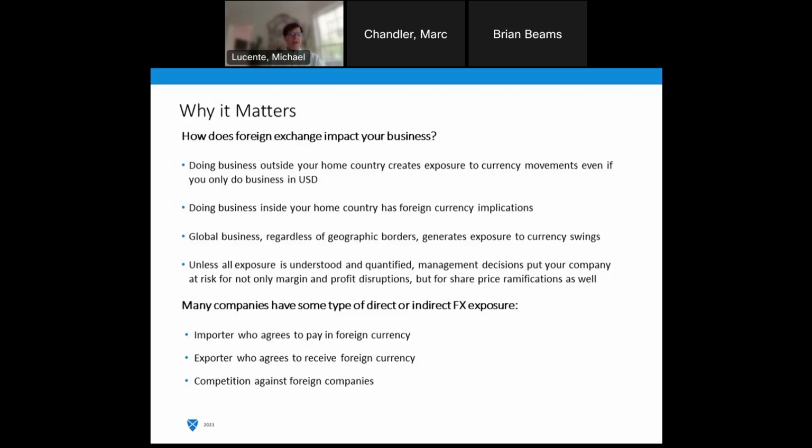We've had companies that had been selling in dollars for many years into certain markets, and as exchange rates changed, their goods became less competitive and they were suddenly required to invoice their buyers in foreign currency. And likewise, many companies that were selling in the United States required the buyers of their goods to pay in foreign currency.